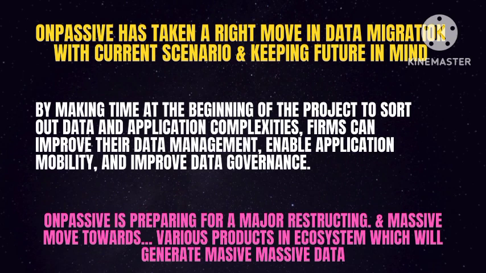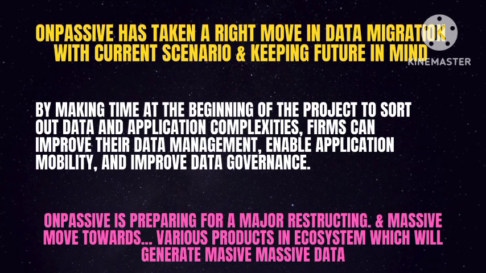This is a very, very important point, my dear friend. So ONPASSIVE has taken the right move at the right time. Data migration is a very complex process, and the team is working. ONPASSIVE is preparing for a major restructuring and a massive move towards various products in the ecosystem which will generate massive data.